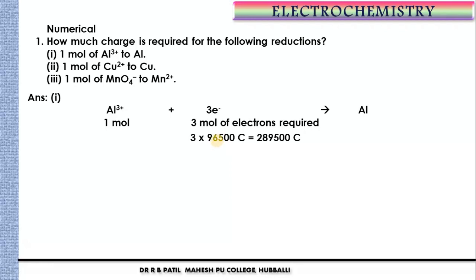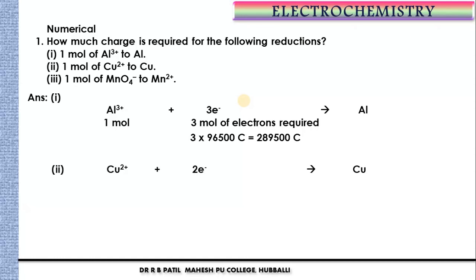Recall, in the last part of electrochemistry I taught you it is approximately 96,500 coulombs. So 3 moles means I have to multiply by 3. If I do that, I get 2,89,500 coulombs charge required.